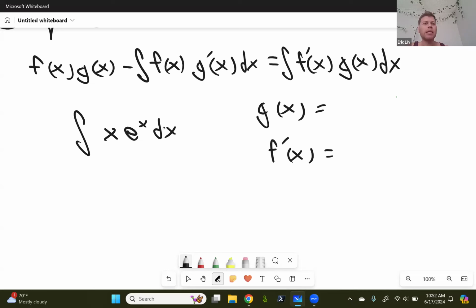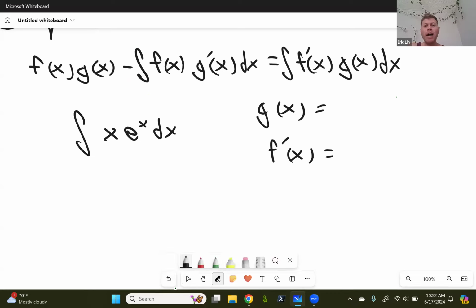And what I would say is that trial and error is expected. Don't expect to get all of these right immediately. Don't expect to guess right the first time for all of your problems. Just be aware that you may make the wrong choice. And if you make the wrong choice, what ends up happening is that this integral is basically impossible for you to solve. So that's a good indicator like, hey, I should have made the other choice.